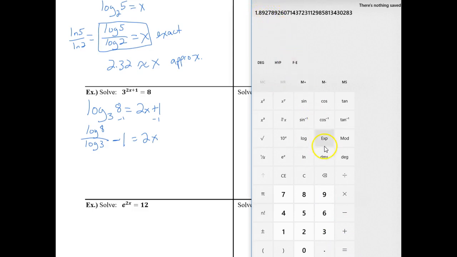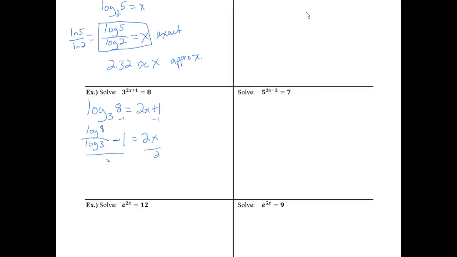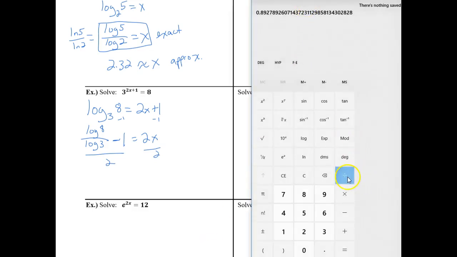1.827. And then we will subtract 1. So I left that whole thing in there. I'm not rounding until the end. And I get this decimal. And then I would divide both sides by 2 after that. So take that answer, divide it by 2.